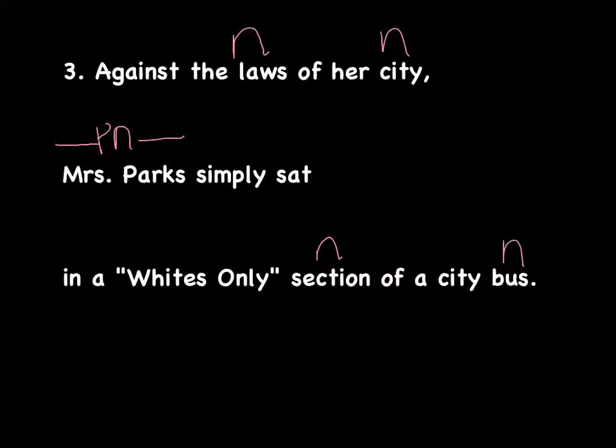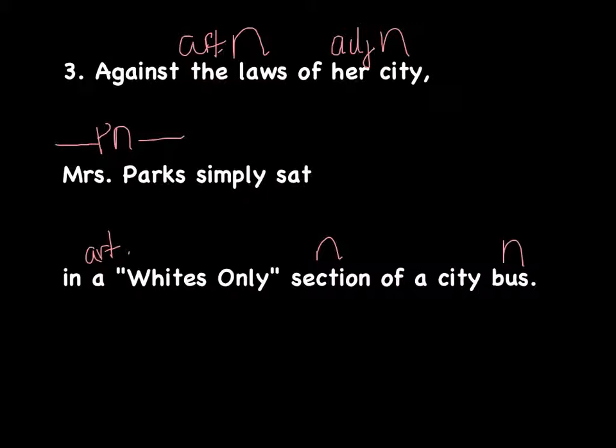The next step is to label articles and adjectives. So I'm going to go in, I see this word, the. Then whose city? Her city. I have the article a here. And then whites only, those quotations, that means that's a direct quotation from a specific sign.